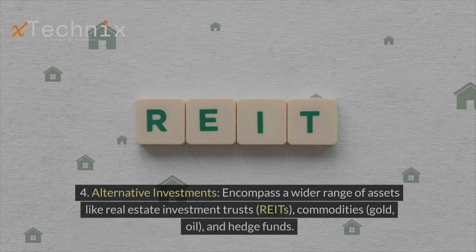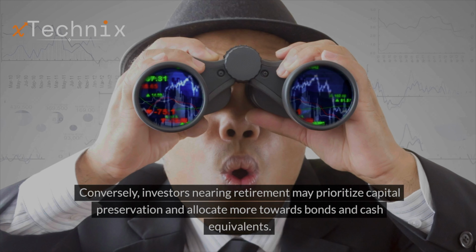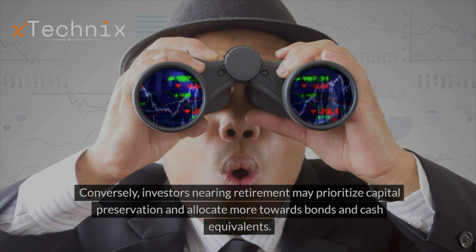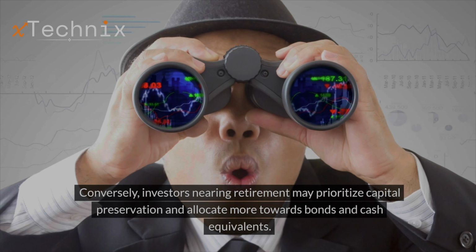These can offer diversification benefits but often come with higher risks and fees. The ideal asset allocation for you will depend on your individual circumstances. Younger investors with a longer time horizon can typically tolerate higher risk and allocate a larger portion of their portfolio to stocks. Conversely, investors nearing retirement may prioritize capital preservation and allocate more towards bonds and cash equivalents.